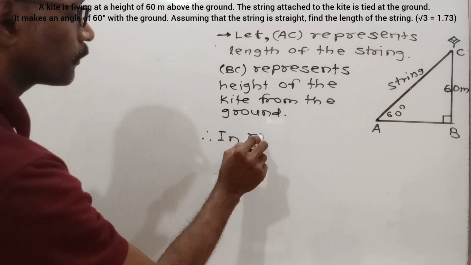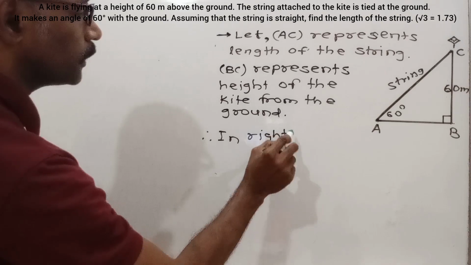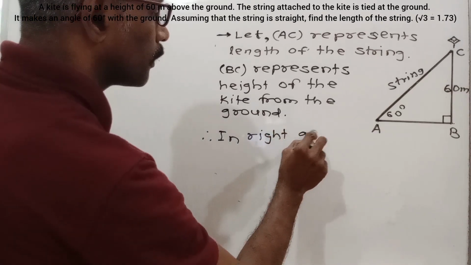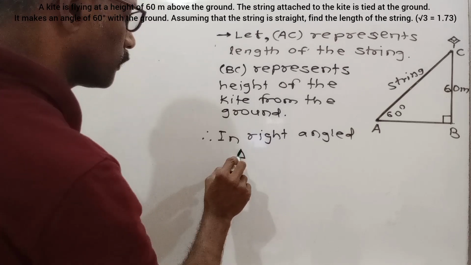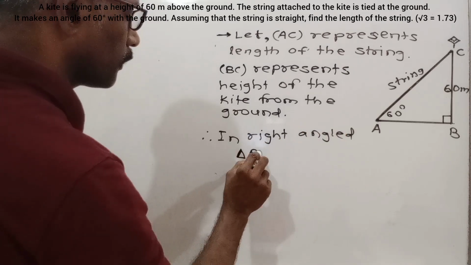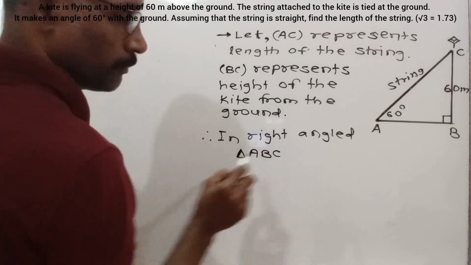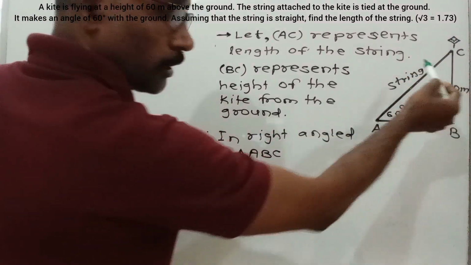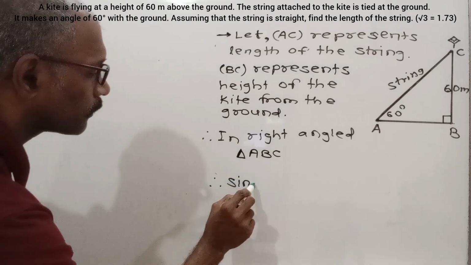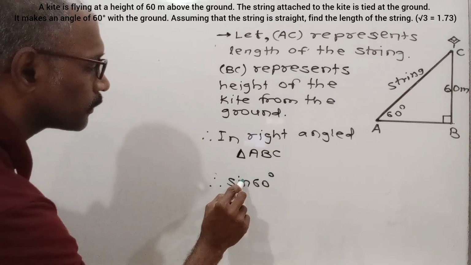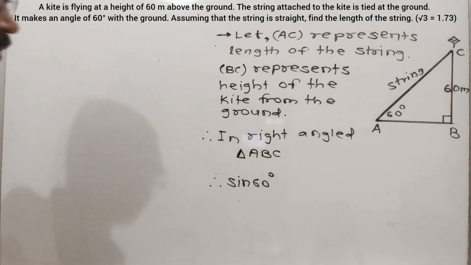Therefore, in right angle triangle ABC, we write here sine 60 degree.